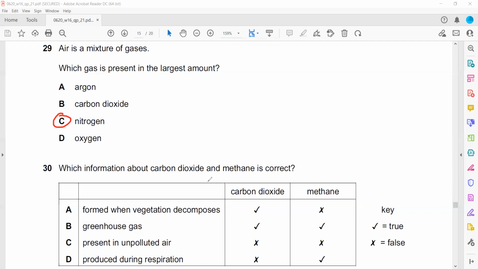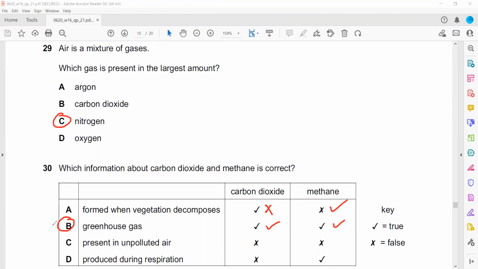Then which information about carbon dioxide and methane is correct? Formed when vegetation decomposes: not carbon dioxide, methane is formed. So this option is not correct. Both are greenhouse gases, carbon dioxide and methane, both can contribute to global warming.